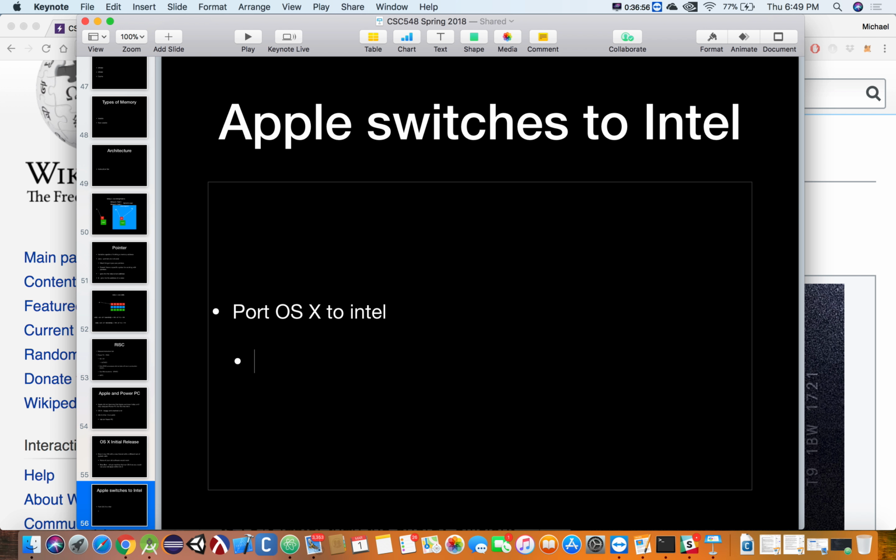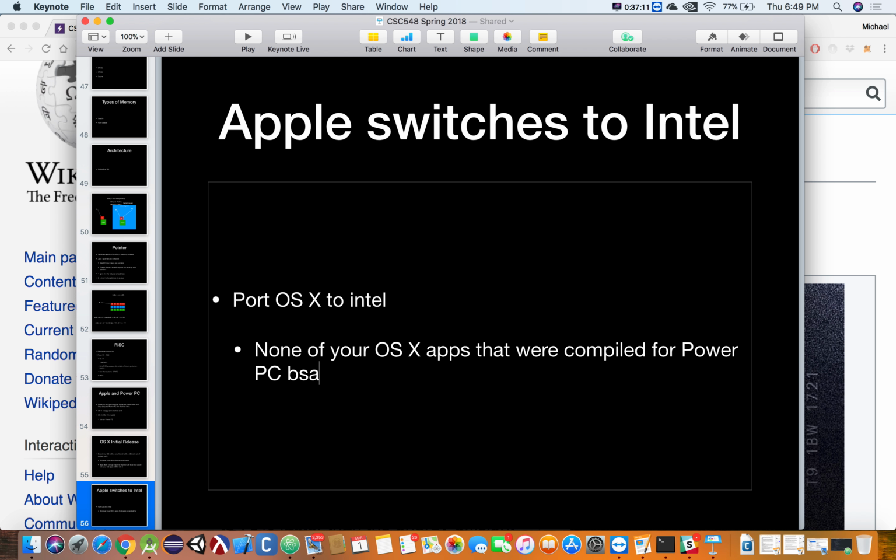And this also meant that none of your OS X apps that were compiled for PowerPC-based OS X would run. So previously what they did is they switched the operating system, so you had a different set of system calls. Now they switched the architecture.